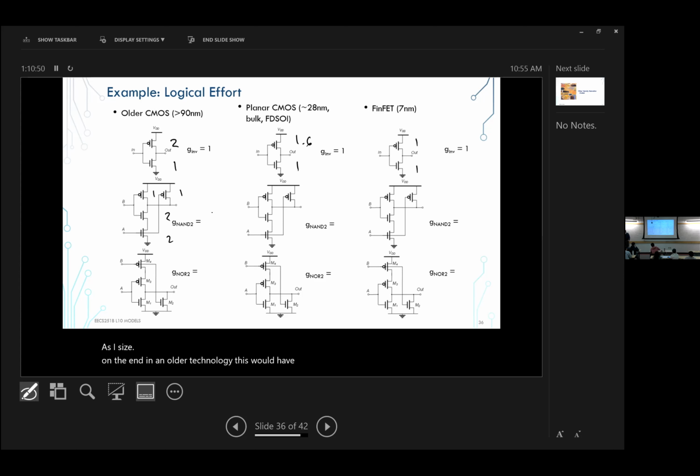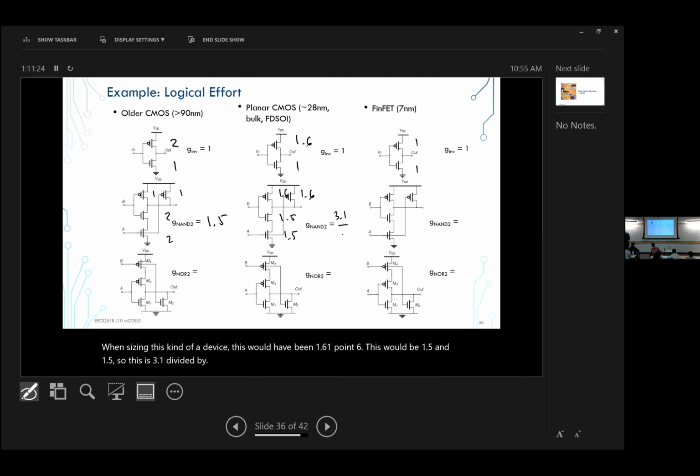What would have been the logical effort of a NAND2? 1.5 exactly. When sizing this kind of device in 28, this would have been 1.6, 1.6. This would be 1.5 and 1.5.